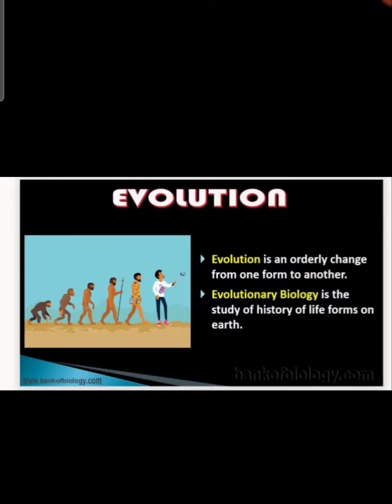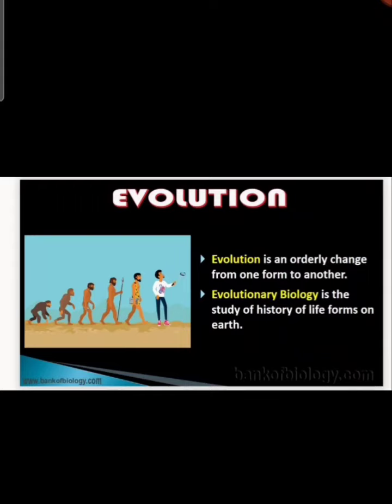But this change in an organism or a life form is not sudden. It is not occurring during 1 year or 2 years. It takes a lot of years, and there are many factors that influence a life form so that it will change during a certain period of time.